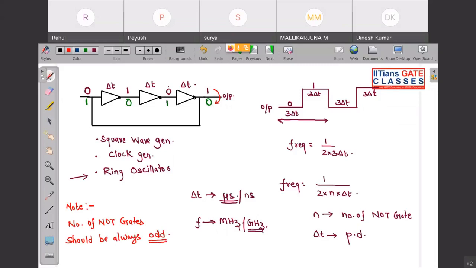Okay, always odd. If this kind of circuit has to behave like square wave generator or ring oscillator, number of NOT gates should always be odd.